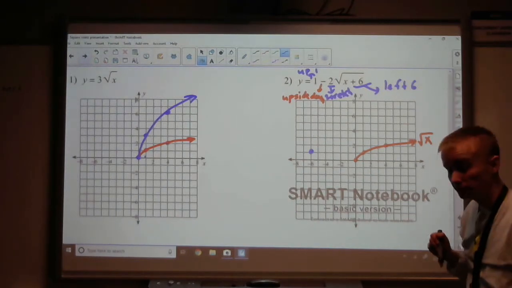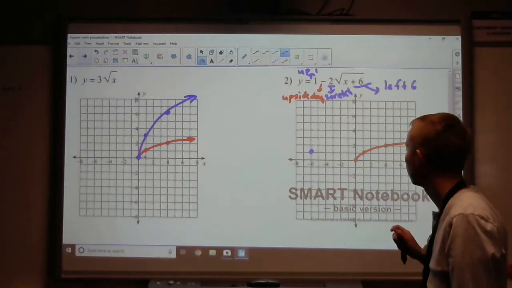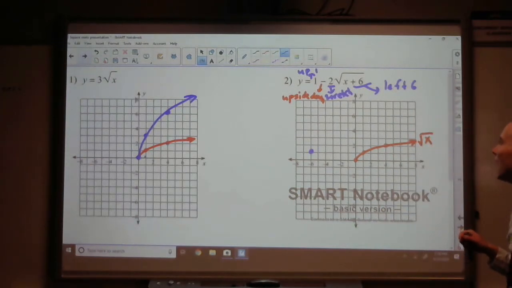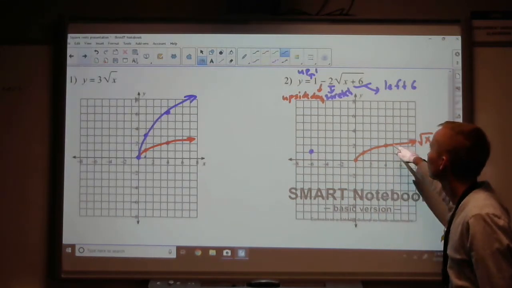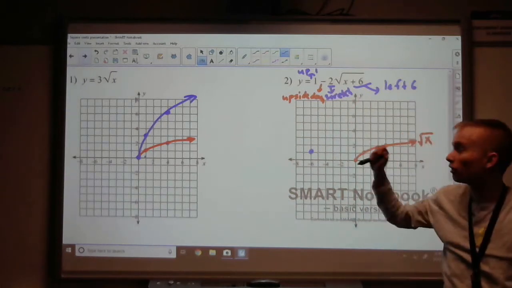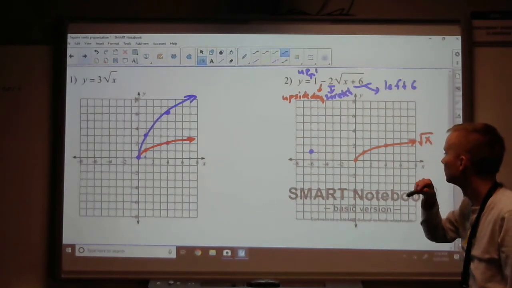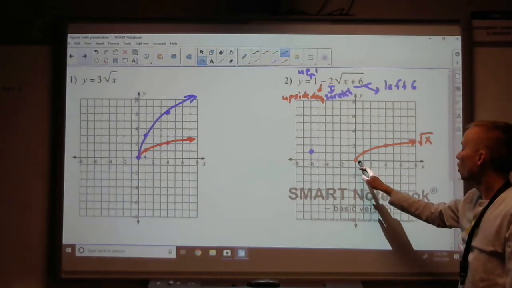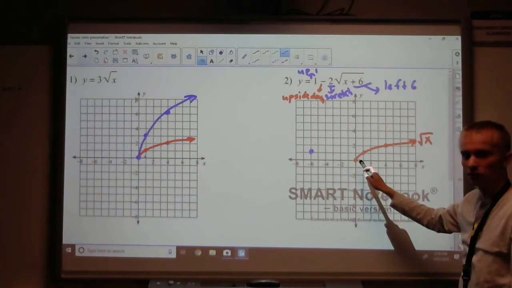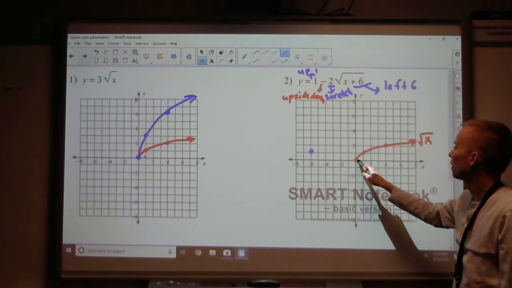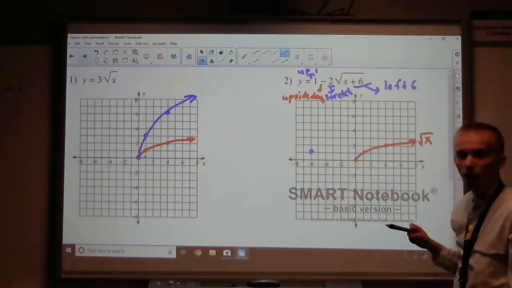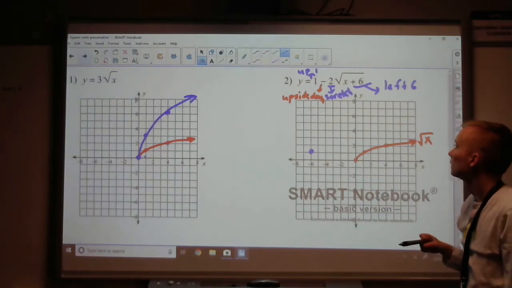So now what I would be thinking of to get my actual graph here, it's not going to be the exact same shape as this one because we've got this stretch and flip going on. Okay? So normally with my square root graph, when I go over 1 from this point, I would go up 1, right?